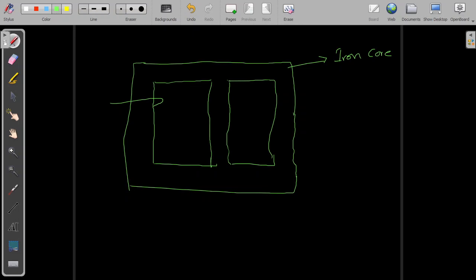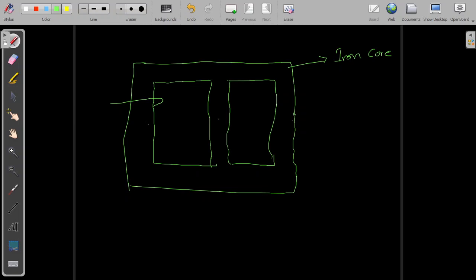Now this vertical limb-like structure is known as the limbs of the core. Vertical rectangles, so that we have one, two, and three.